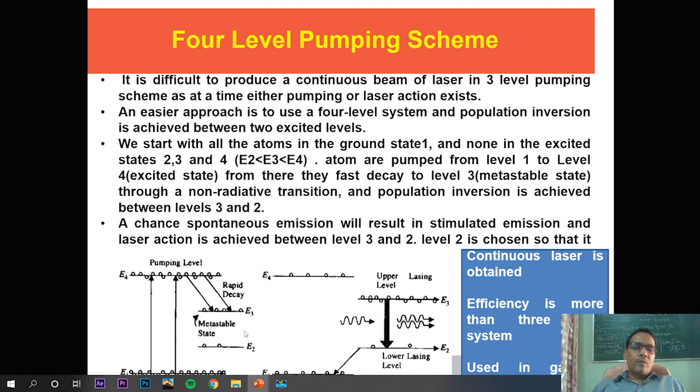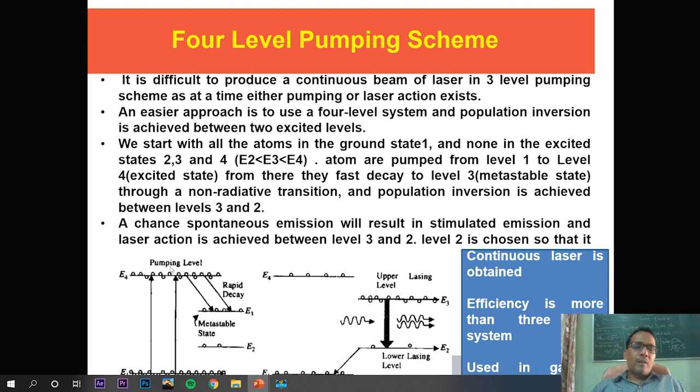When we give an external photon here, stimulated transition starts, and this is the chain reaction through which we get laser. The population inversion condition is maintained continuously because it is between E2 and E3, and by a spontaneous process these atoms of E2 come back to the ground state.